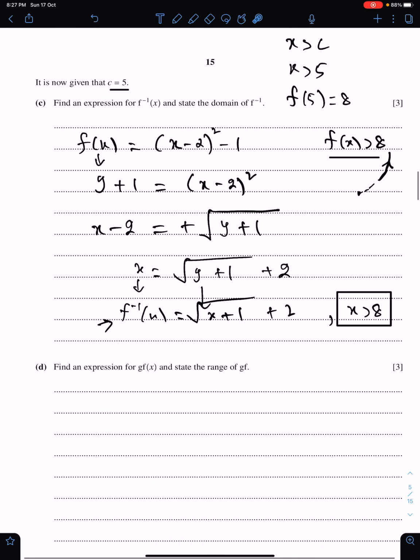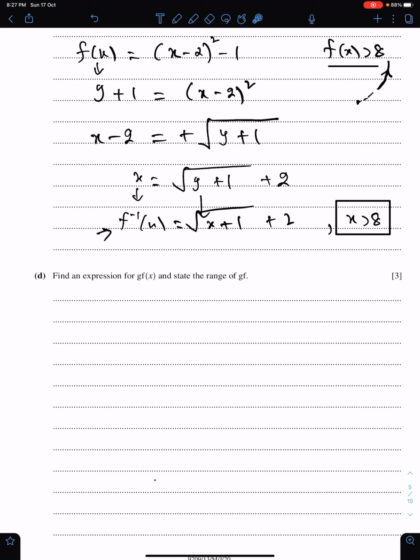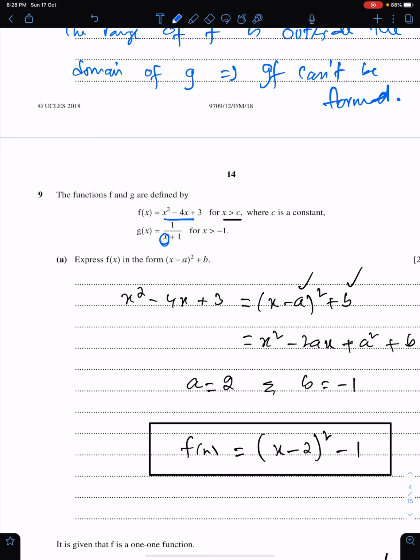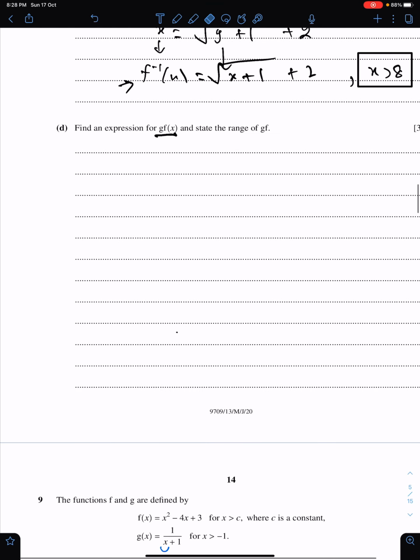Last part of this question. Find an expression for fg. So this is very, sorry, gf. This is very simple. We just need to replace x of g, this x, by f, and we will use the completed the square form. So for gf, we need to replace x of g by f.